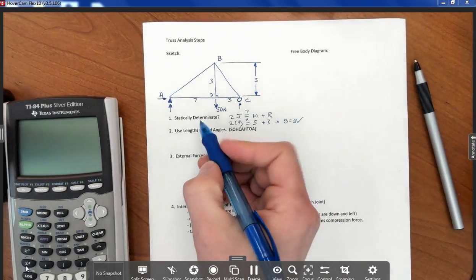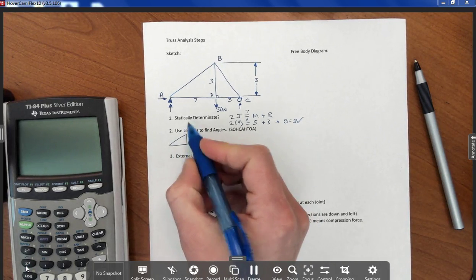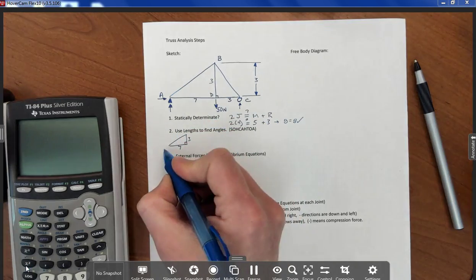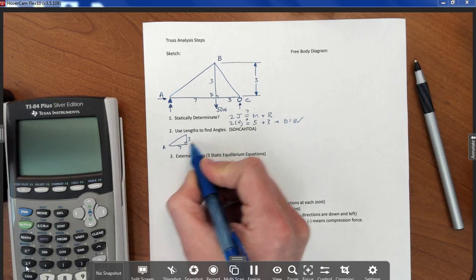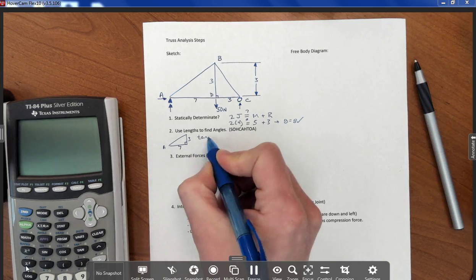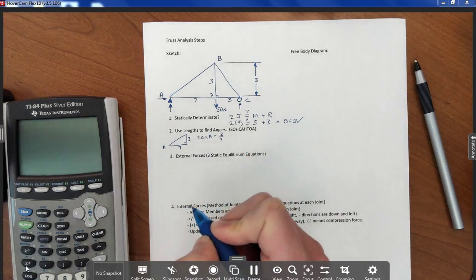Alright, so we're going to use a little right triangle trig to find angle A. If you focus in on the truss where you've got 7 and 3 lengths in angle A, in a right triangle here you have the opposite and the adjacent. And we have a tangent ratio that says the tangent of angle A is equal to the opposite over the adjacent. This is using SOHCAHTOA.